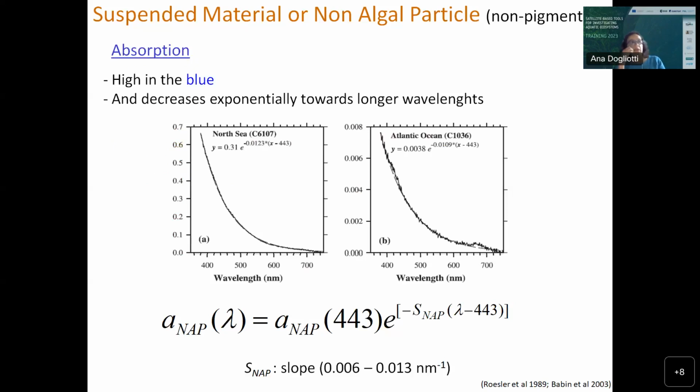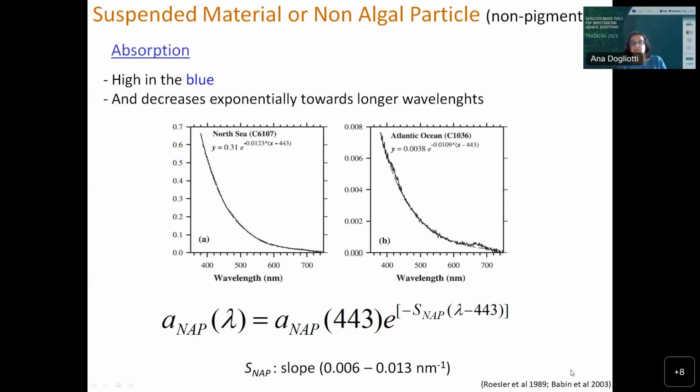The absorption characteristic of the non-algal particles is that the absorption is high in the blue and decreases exponentially towards the longer wavelengths. Usually it's modeled in this way, with an exponential where S is the slope.